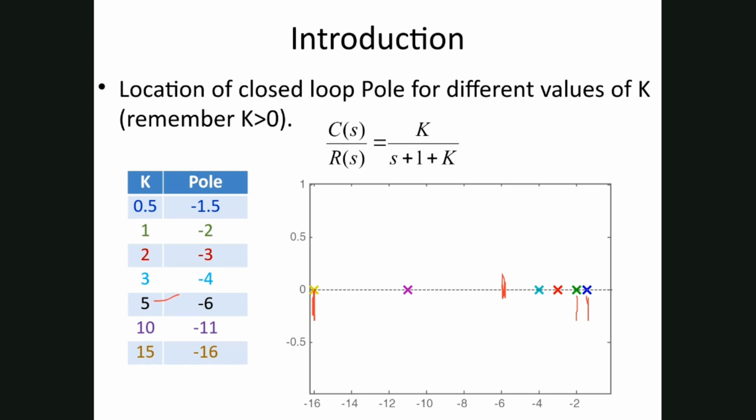So what we are saying here is, as you increase the value of K, your poles move deeper into the negative side of the plane, and as you decrease the value of K, your pole moves towards the imaginary axis. Let's assume this is your imaginary axis like this.